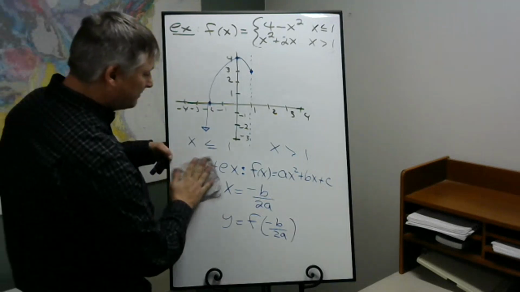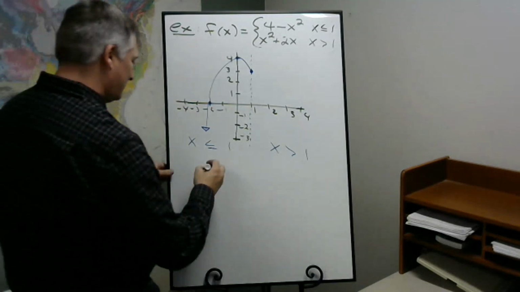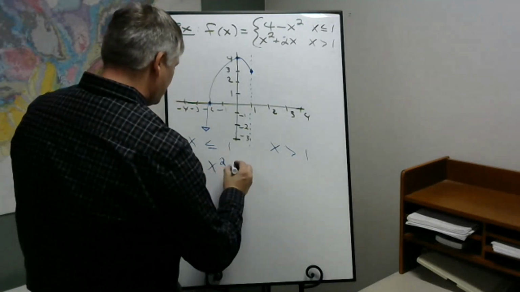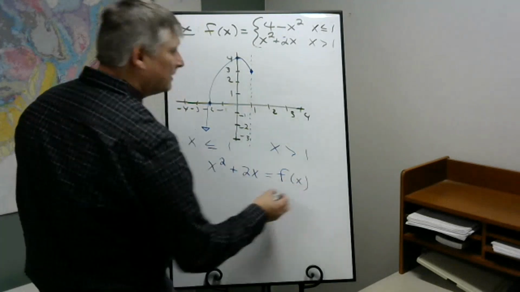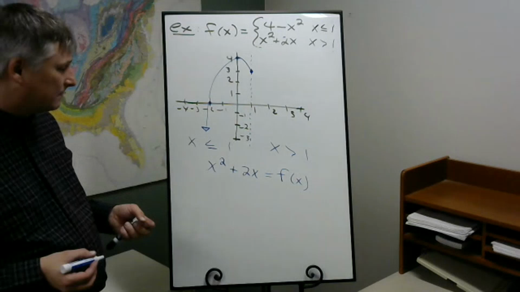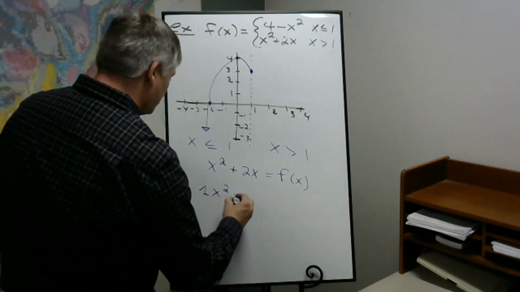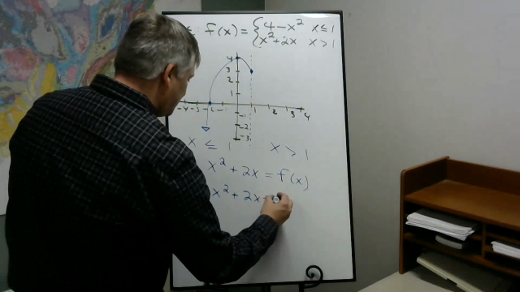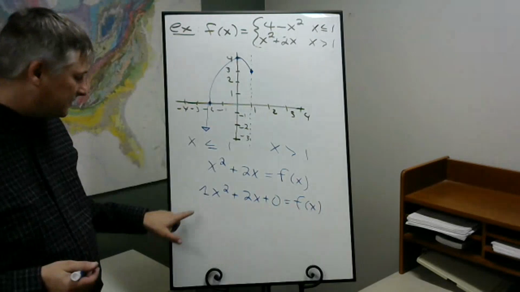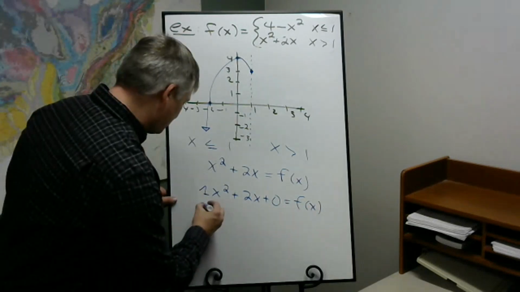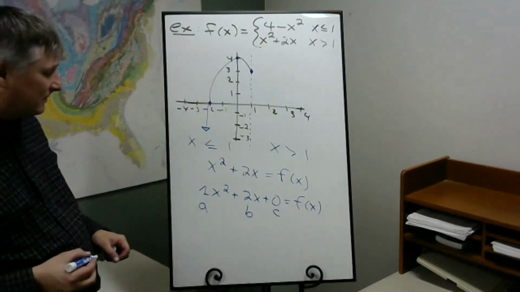Well, let's take a look at our parabola. We have x squared plus 2x is equal to our f of x in this phase 2. Now you can rewrite this, though, as 1x squared plus 2x plus 0 is f of x. Where in this case, this is our a, this is our b, and that's our c.